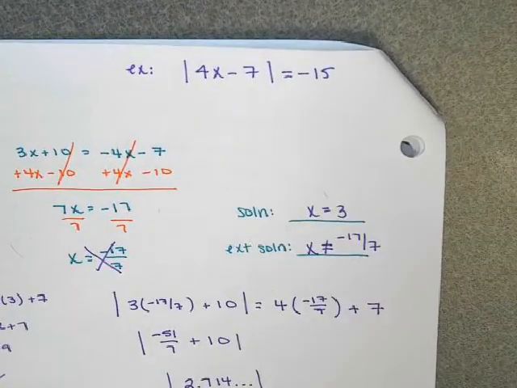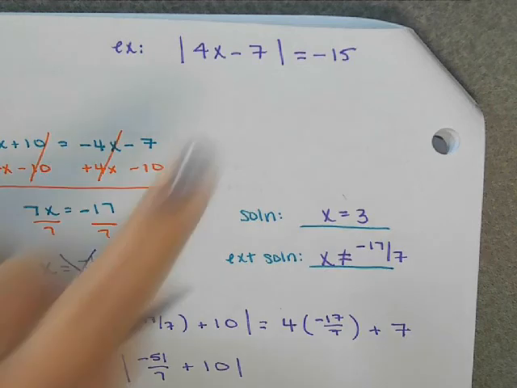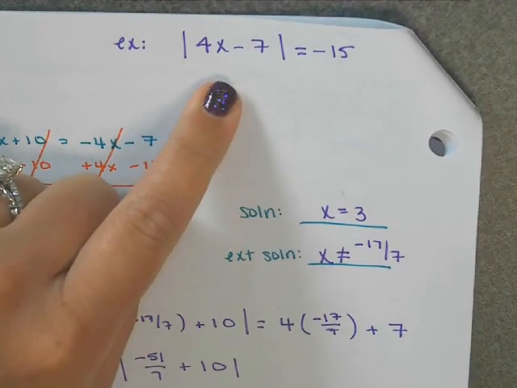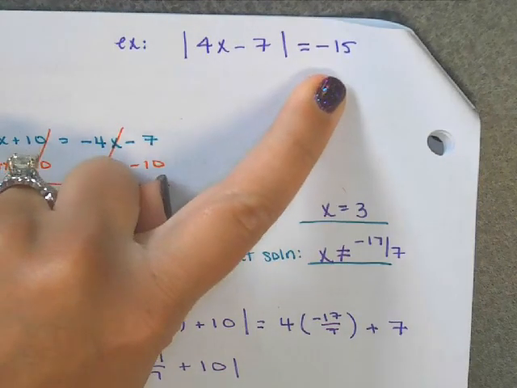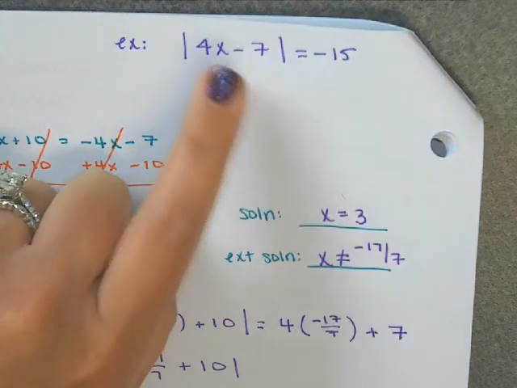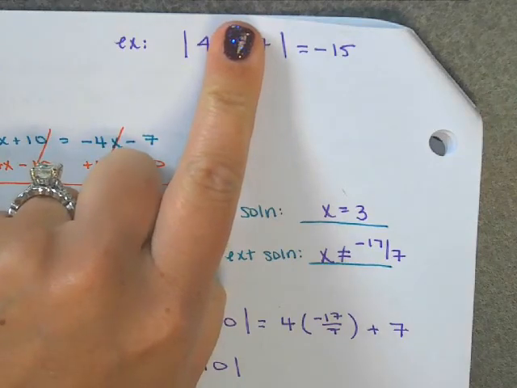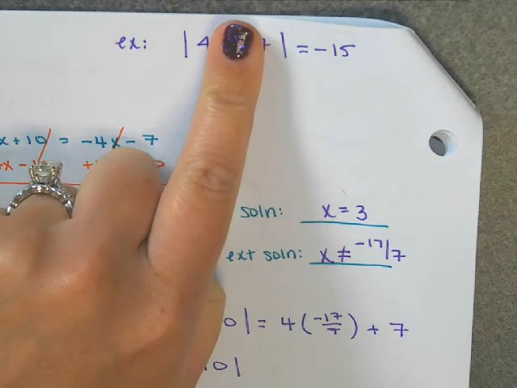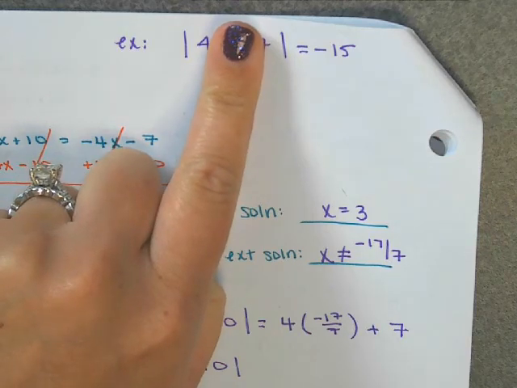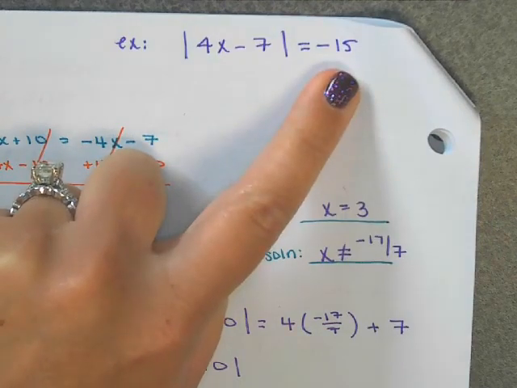If you get the absolute value bars alone, and it is set equal to a negative number, what can you take the absolute value of and find -15? What number can you take the absolute value of and get -15? If you're not answering because you can't think of one, it's because there is nothing. You'll never take an absolute value of anything and get -15.